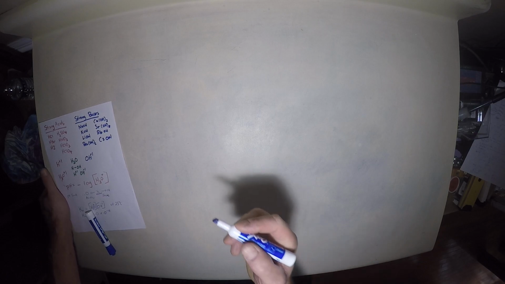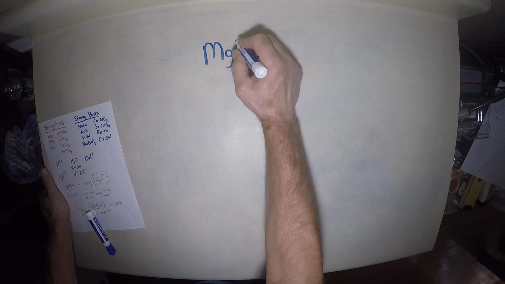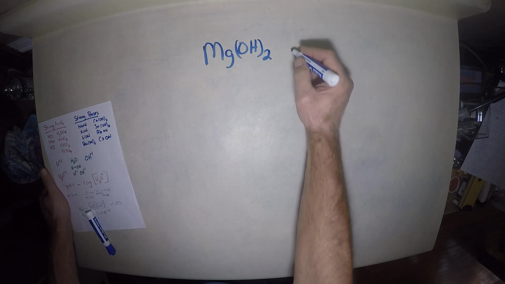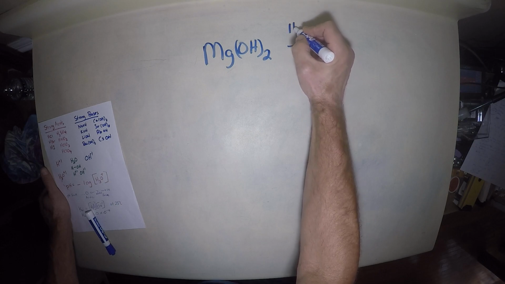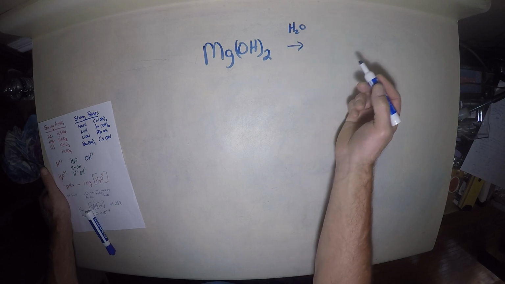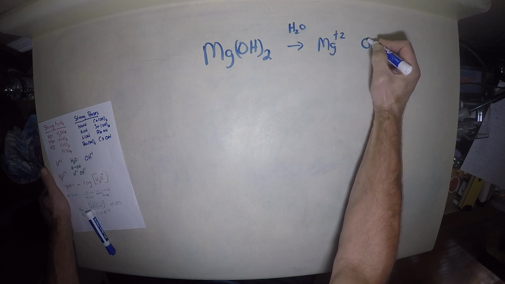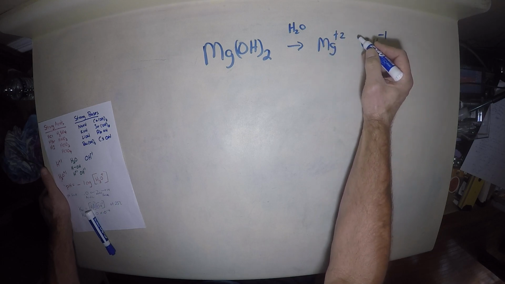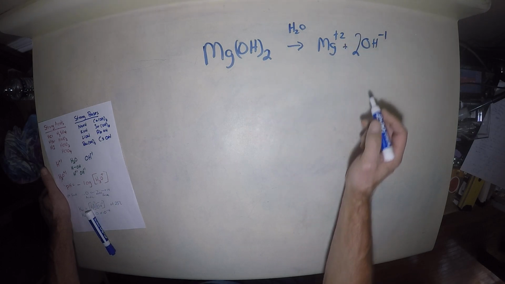Next up would be examples of some weak bases. Magnesium hydroxide, even though it's a hydroxide, is a weak base largely because it's not very soluble in water. Even though what does dissolve will dissociate into free hydroxide, and you get 2 hydroxides for each magnesium hydroxide.